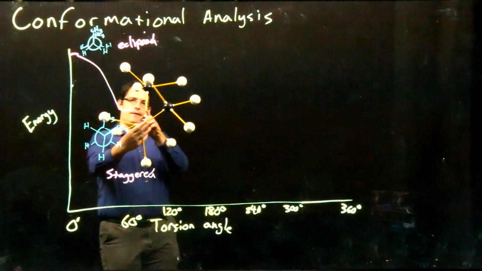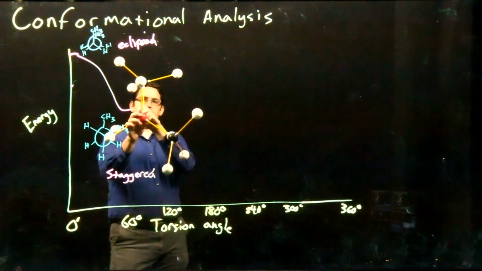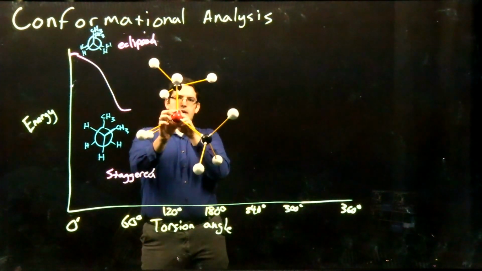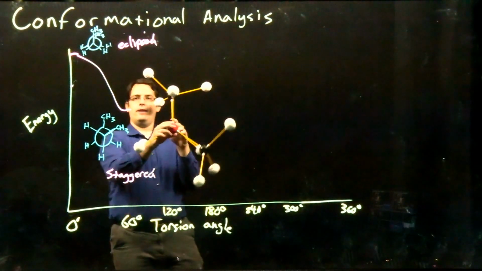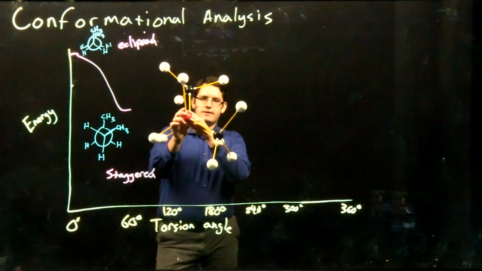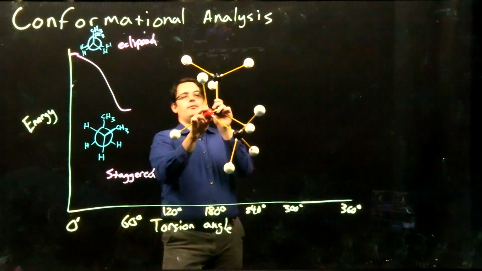Okay, let's rotate another 60 degrees. We rotate and we get to, again, an eclipse conformation. Now the interesting thing to note here is that unlike ethane, where all of our eclipse conformations were the same, this eclipse conformation is much better than the previous eclipse conformation.